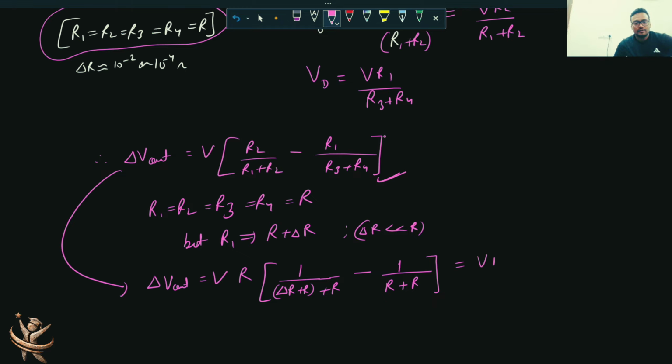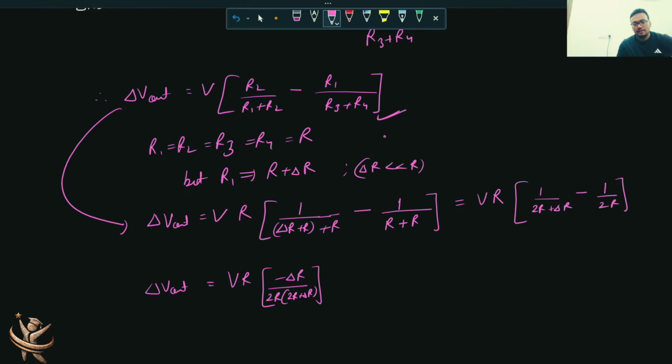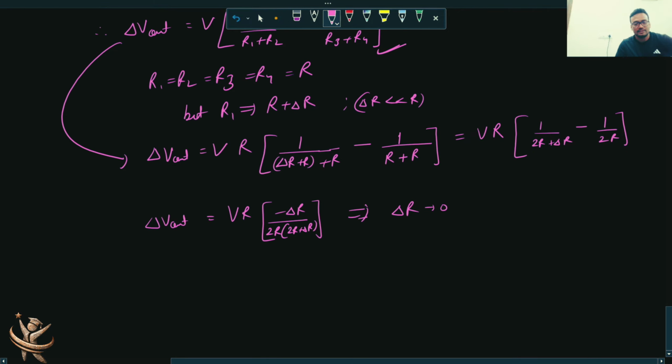Okay, so further VR times 1 upon 2R plus delta R minus 1 by 2R. Delta V out will become VR, then above you will get minus delta R divided by 2R, then 2R plus delta R. In this relation, I'll use one thing: delta R tends to 0 in the denominator, not in the numerator. Otherwise, the whole thing will be 0.